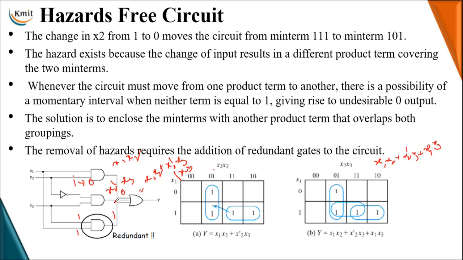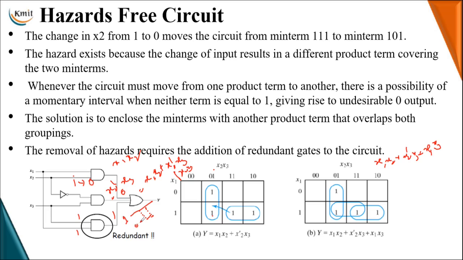So if these two are zeros and the redundant term is giving 1, the output may not go to the zero state. Earlier, for a duration of time interval, the output would move to 0, but now it will stay at logical 1 state.